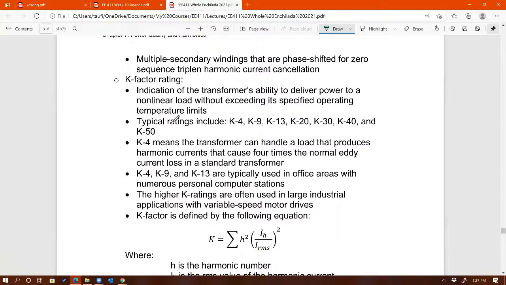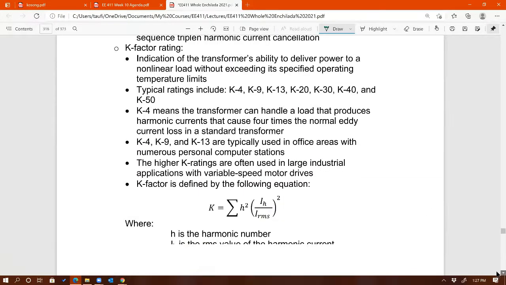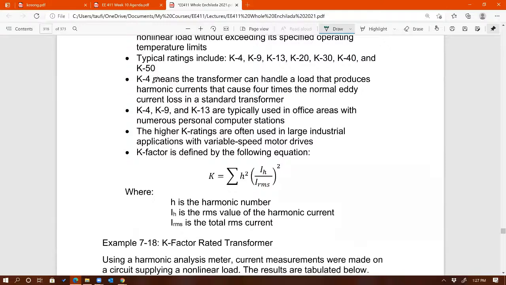Typical ratings include K4, K9 up to K50. K4 means the transformer can handle a load that produces harmonic current that causes 4 times the normal eddy current loss. Remember I said earlier that eddy current loss is the most dangerous one because it's proportional to f squared. So that's what K4 means. It can handle up to 4 times the normal eddy current loss.